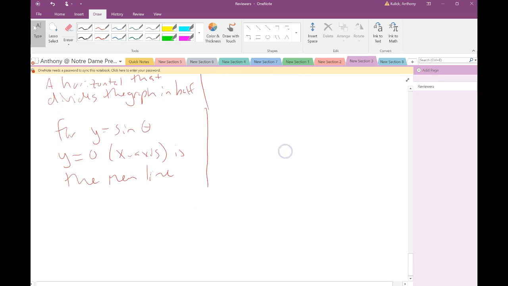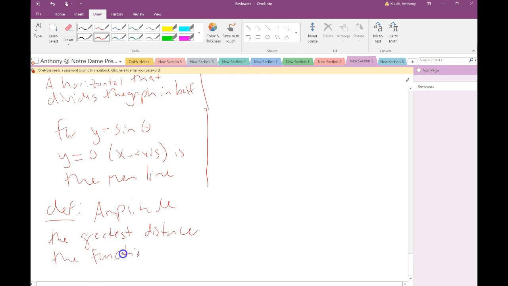And then the last thing I want to talk about is amplitude. And this is the greatest distance the function is from the mean line.